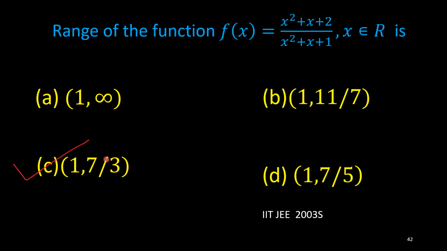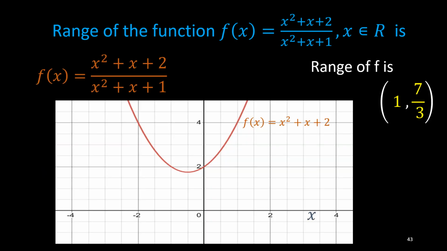Now this is the option. Option C, as I said, is going to be correct. So with logic also we have shown that C is the correct one. Now I want to show you this function graphically. Both x squared plus x plus 2 is one parabola, so that parabola we can show here. So I can consider f of x equal to the multiplication of these two.